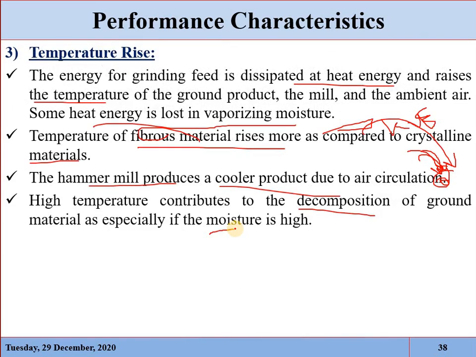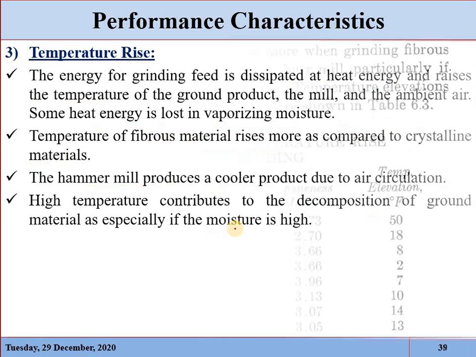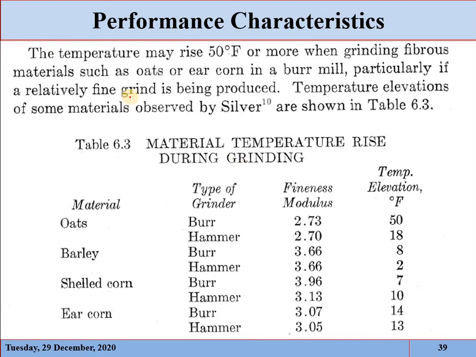So whenever you are selecting any type of size reducer, you must ensure how much temperature will be raised, and whether there is any kind of recirculation facility, so that the product may not be damaged.